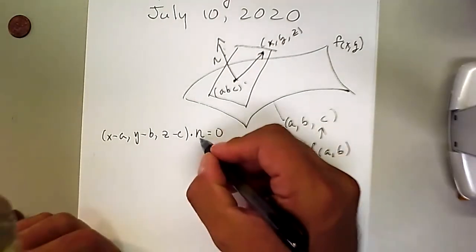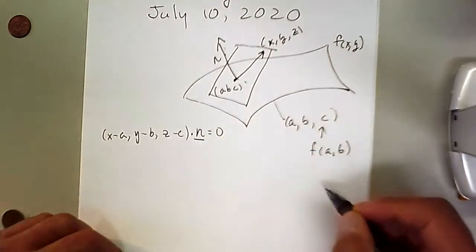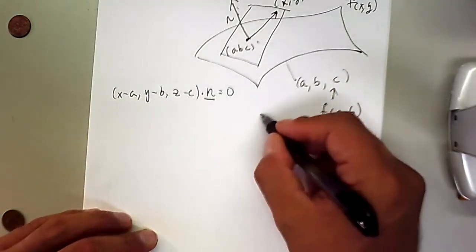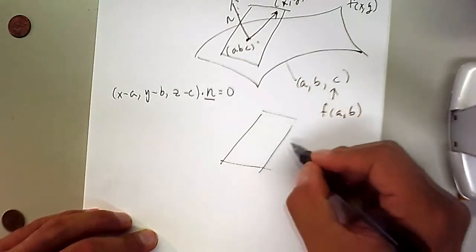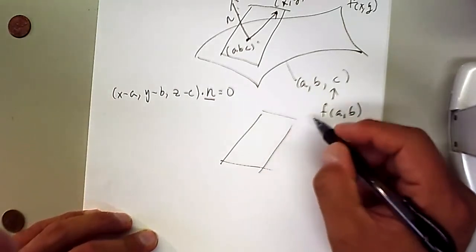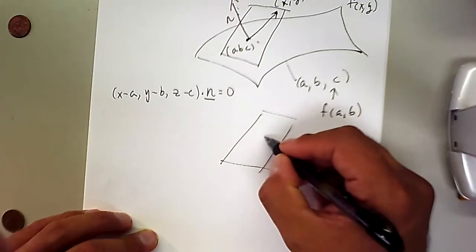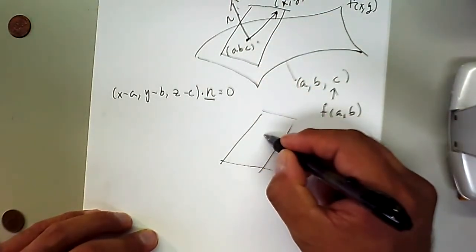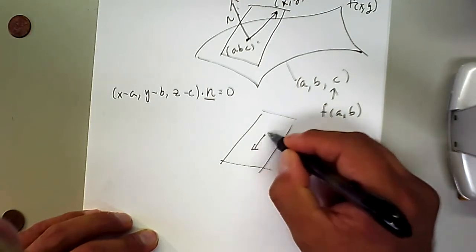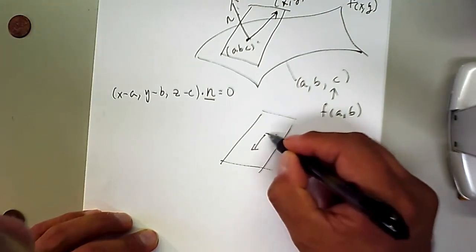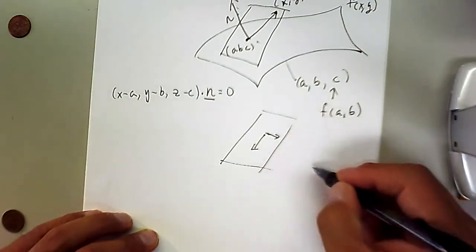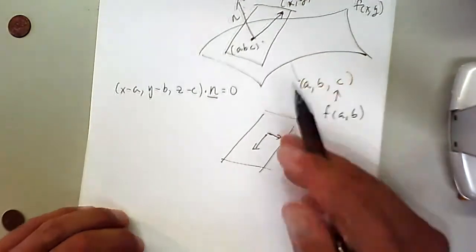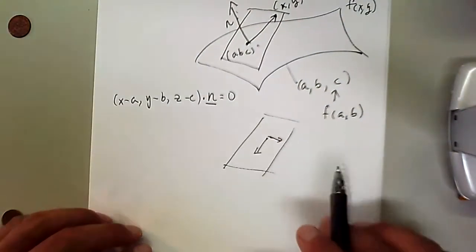So the key now is to figure out what this normal vector is. Okay, I'm going to draw a quick picture again. So there is the tangent plane, and the tangent plane will share the slope in the x direction and the slope in the y direction as the surface. Because they're tangent, they're going to be almost the same at that point.